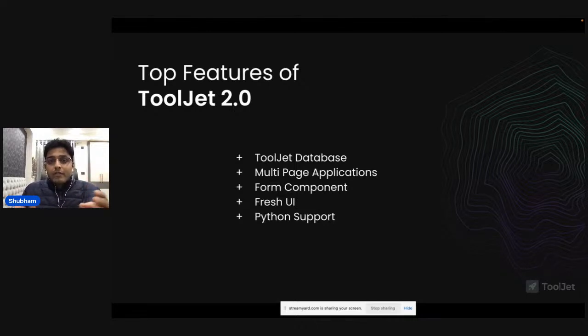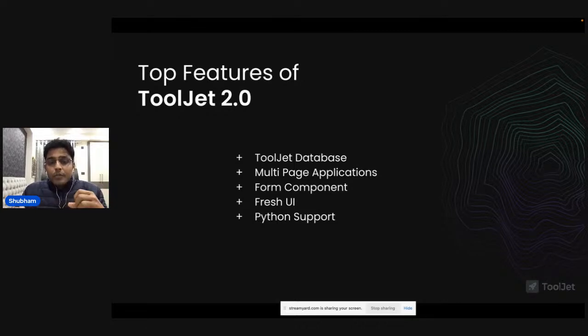But you cannot logically divide your applications into different pages. So with this multi-page application option, you can create a lot of pages and subpages inside a ToolJet application, and you can logically divide your use case into the application, so that it becomes easier for you to scale that application later on, right?